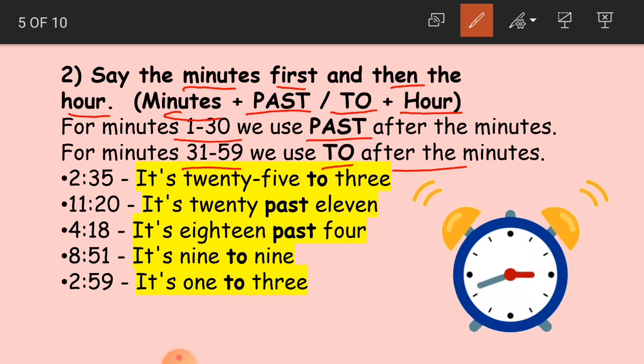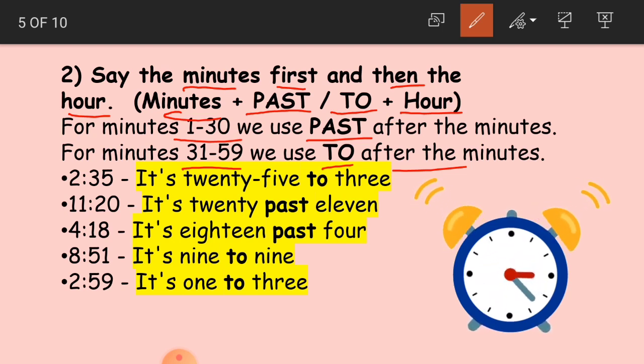Then for 2:30, we said it's half past 2. Then from 31 minutes, suppose it was 2:35, how did we address it?